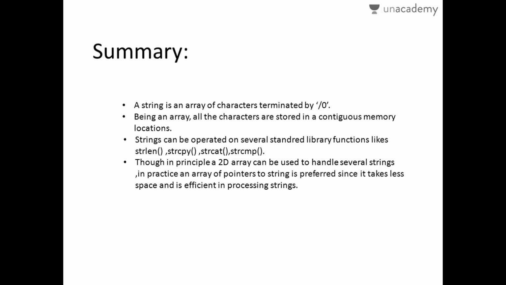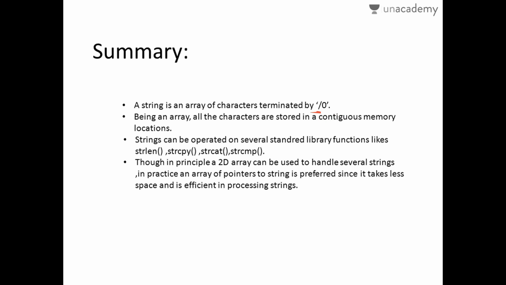Coming to a summary of whatever we have gone through till now, we have seen that an array of characters is termed a string, but the only difference is the backslash-zero, which is the empty or null character. This slash should be of this side.